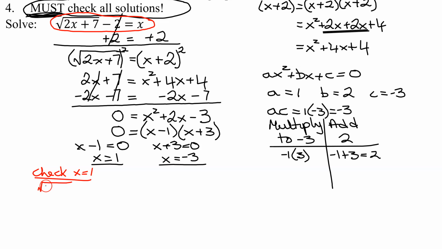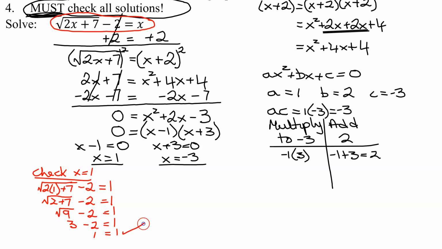So I've got the square root of 2 times 1, plus 7, minus 2 should equal x, which is 1. So I have the square root of 2 plus 7 minus 2 should equal 1. 2 plus 7 is 9, so the square root of 9 minus 2, does it equal 1? Does 3 minus 2 equal 1? Does 1 equal 1? Yes. Therefore, this is a good solution. So I know I have at least one solution to my equation.